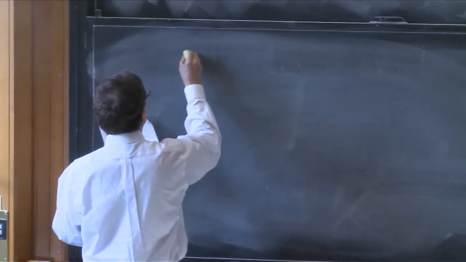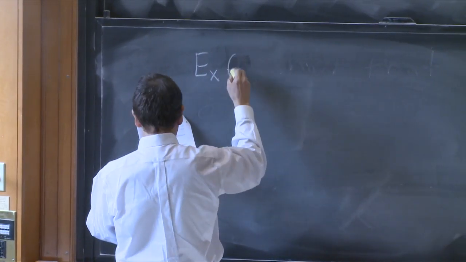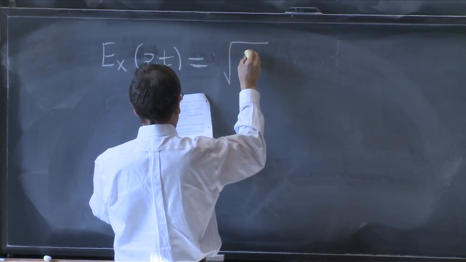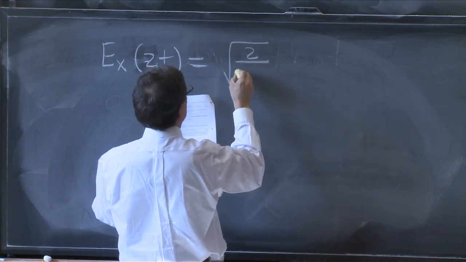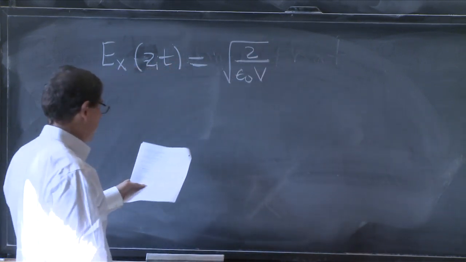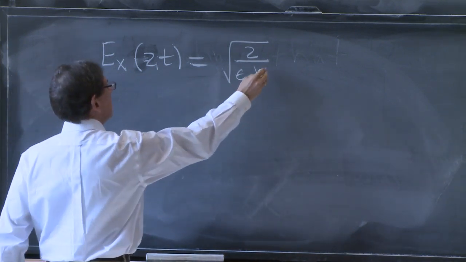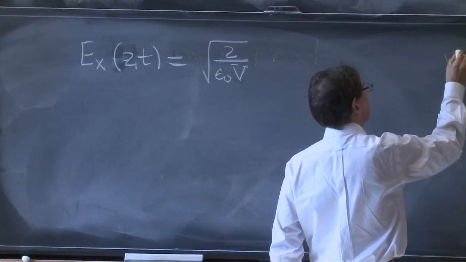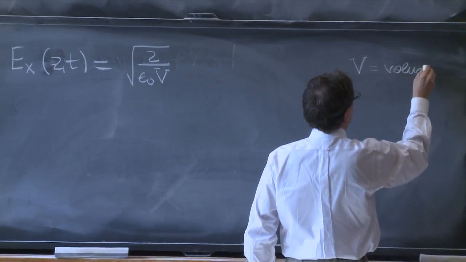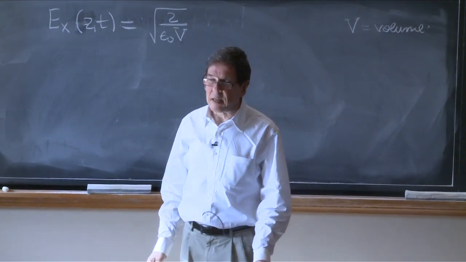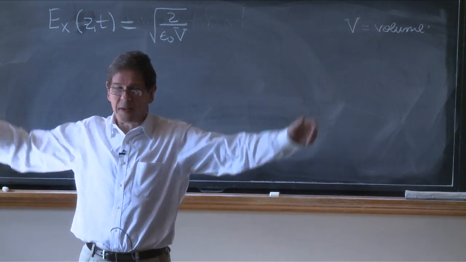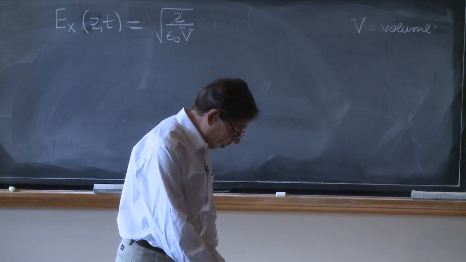So we're going to simplify to the case where we have a single one, consistent with Maxwell's equations, and some boundary conditions that we need not worry about. And I will normalize them as follows with a V in here that is the volume of the system. So volume. And that could be the volume of a cavity that has this electromagnetic field, or some large box, or you can let it almost be infinite and work with that as well.